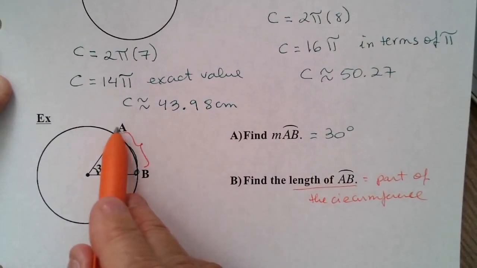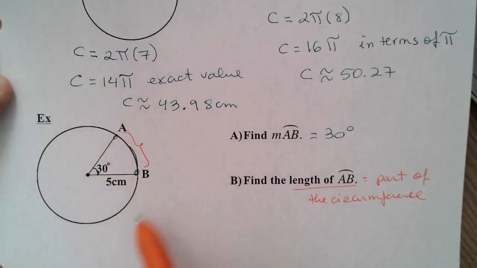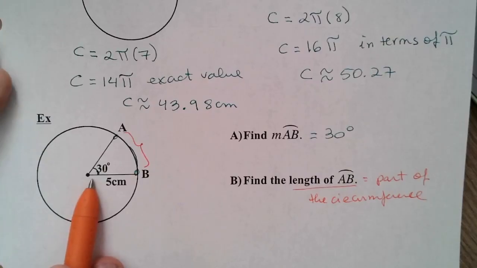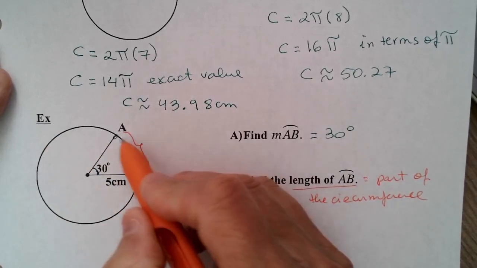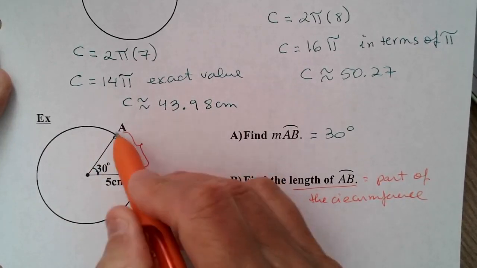If I have the circumference of the circle, I would find it using the radius as 5 and find 2 pi r. I want just to know this length here of AB.